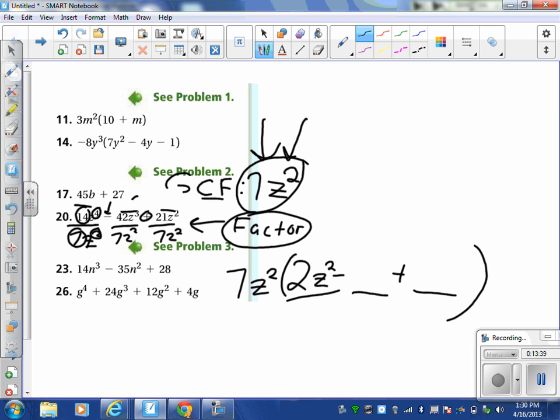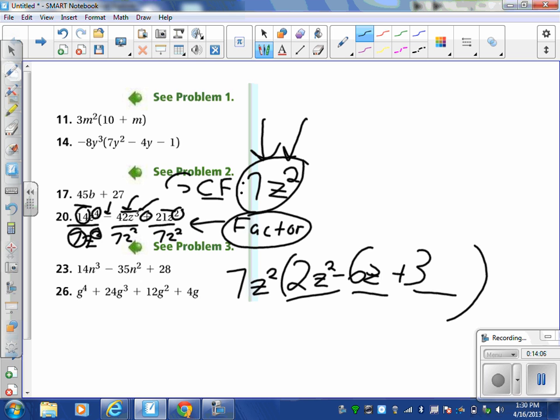dividing the other one. 42 divided by 7 is 6. And then what do I do with these exponents? I subtract them. So it's z to the 3rd power. So 3 minus 2 becomes 1z. I'm putting a line there so it doesn't look like a 2 for you. And then 21 divided by 7 is 3.